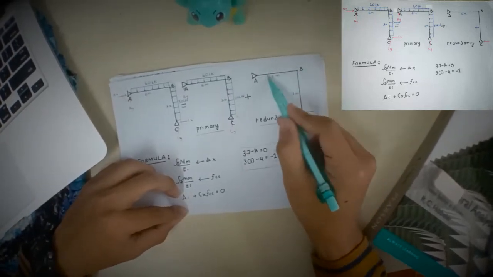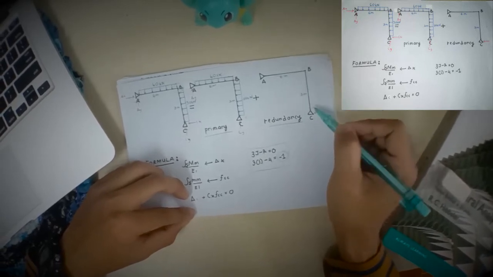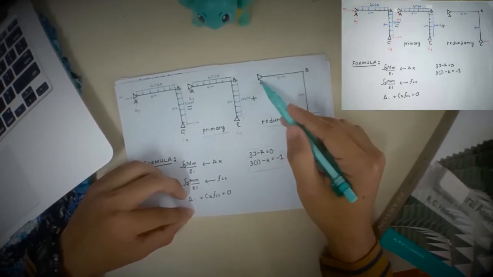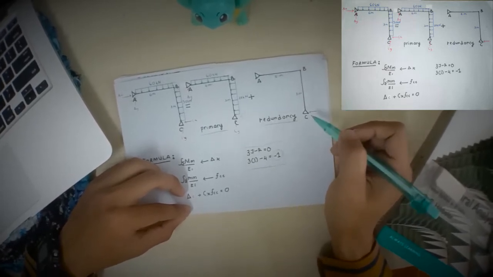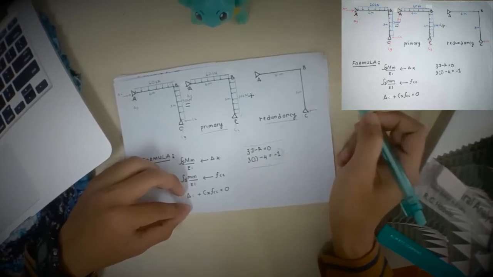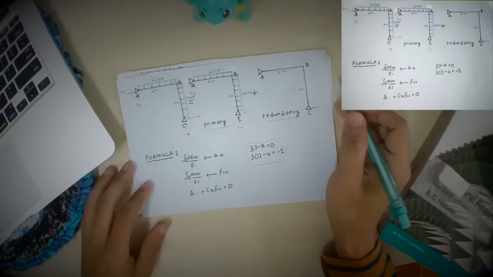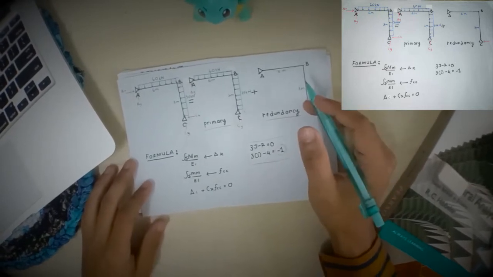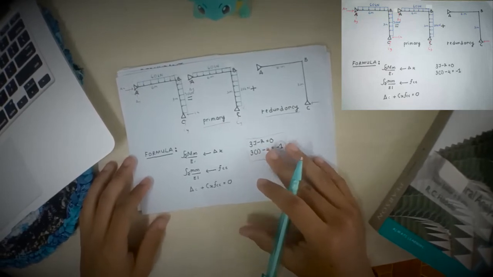Here you can clearly see there is no real load at the redundancy structure and also no load at point A, because for the redundancy structure, the only load that we apply is CX, and we will also apply the virtual work.